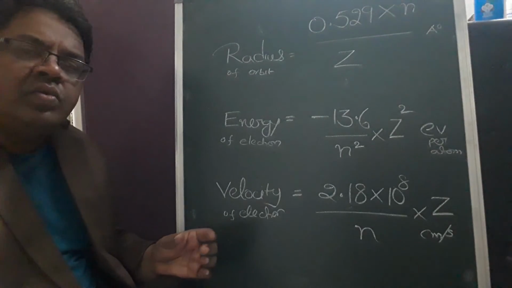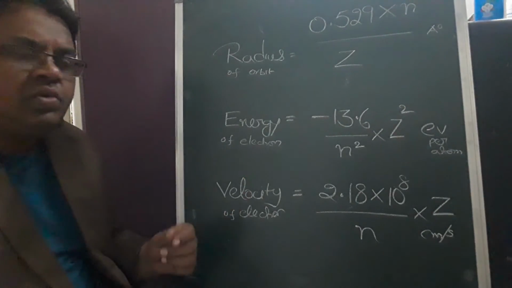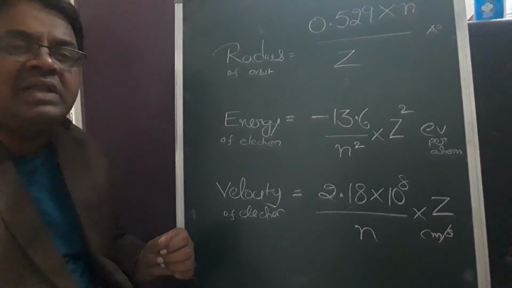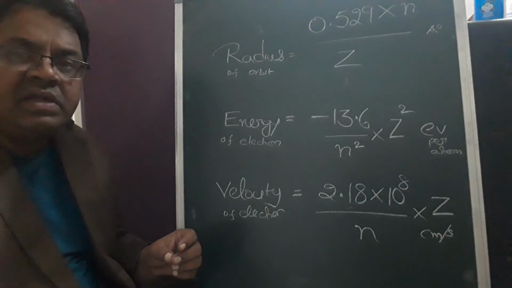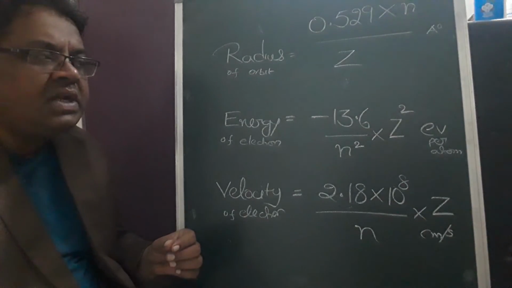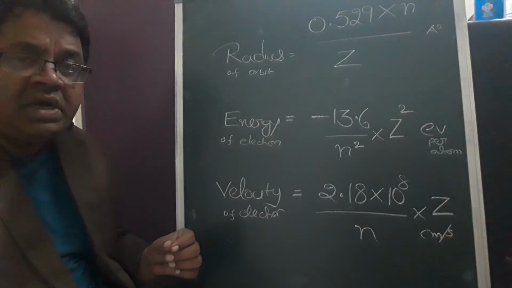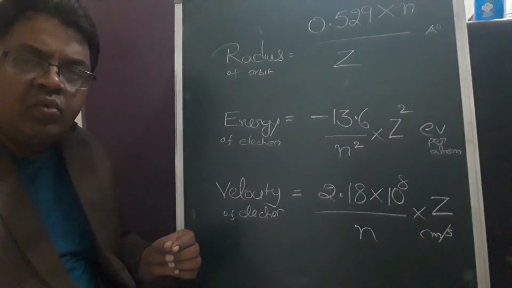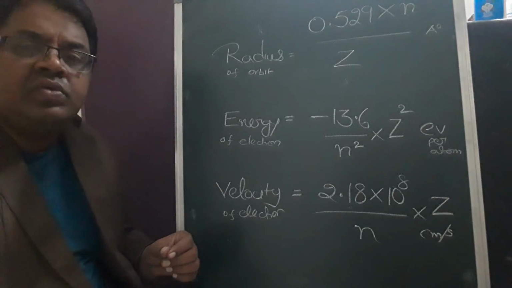Not only this value, you have to learn the other unit values too, because in exams mostly they give eV, electron volts, but we can't say that it is the only unit. Other values also you have to refer to.